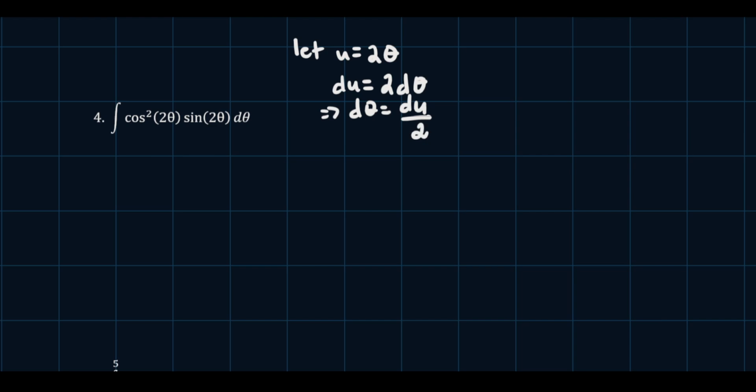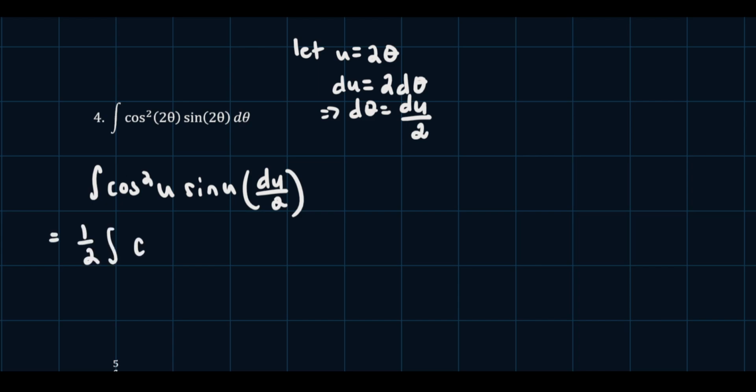Using this first substitution, we end up with cosine squared u sine u times du over 2. So, labas na natin yung constant. So, 1/2 integral ng cosine squared u sine u du.